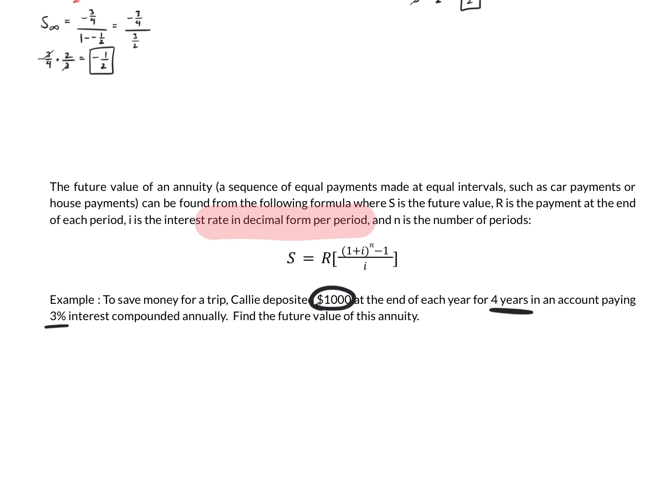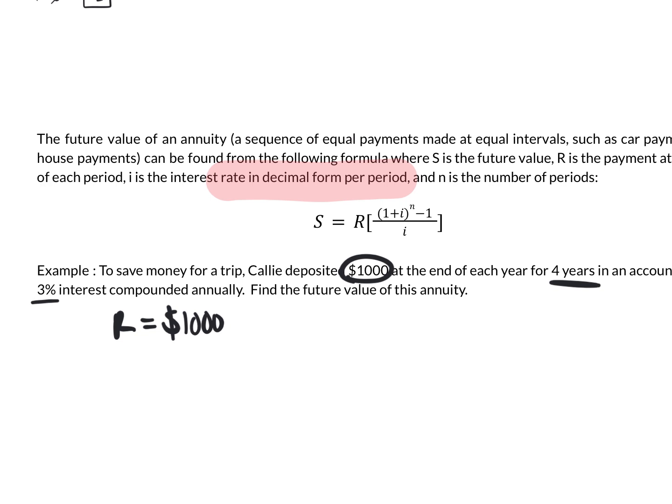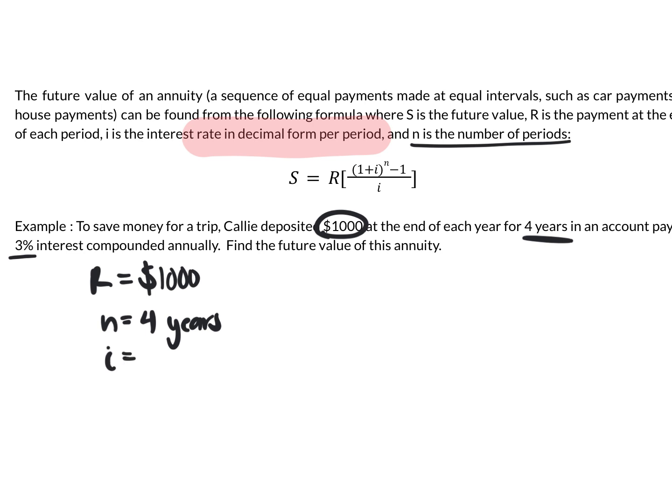So I know that R is going to be $1,000. My N is the number of periods, the number of years. So N is going to be 4 years. And then my interest rate as a decimal would be 3%, which is 0.03.